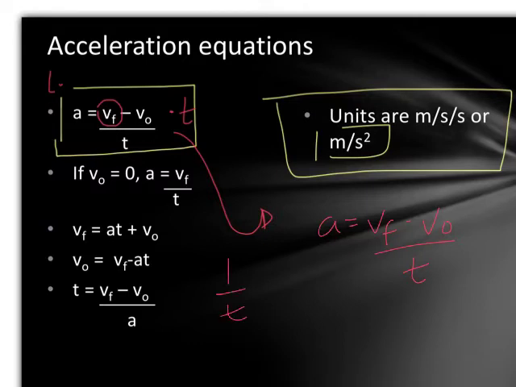Alright? So if you're ever trying to rearrange for something where it's in the denominator or underneath a fraction, you always have to start by getting it out of there. So you always need to multiply by it. So the first step for rearranging for this one is still multiplying by t so that we can get t out of the denominator and into the numerator. Okay?